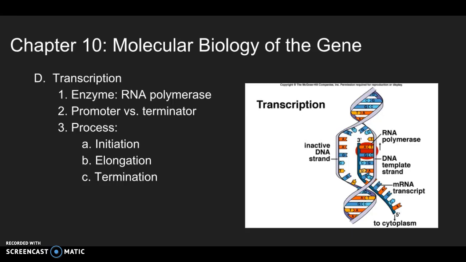But in Rho-independent termination, a loop will form at the end of the RNA molecule, which will cause it to detach itself. But termination in eukaryotes is more complicated because it involves the addition of more adenine nucleotides to the 3' end of the RNA transcript. So this is referred to as polyadenylation.